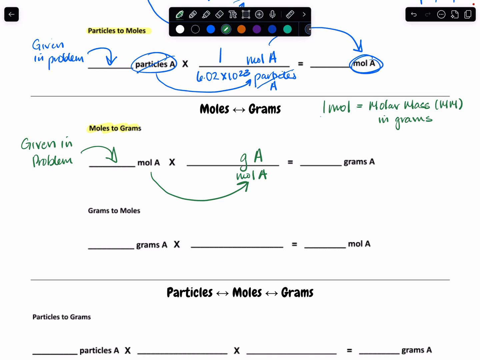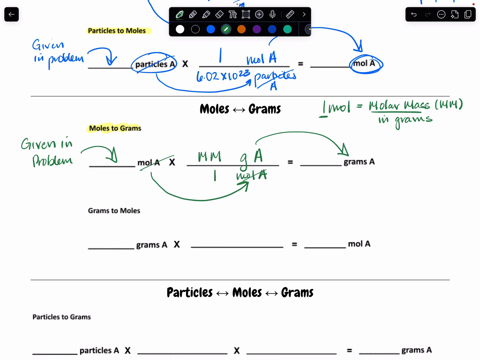And this is where we're going to use our unit equality, where 1 mole of any substance is equal to its molar mass in grams. Now it depends on what the substance is. So that molar mass is actually going to vary from problem to problem.